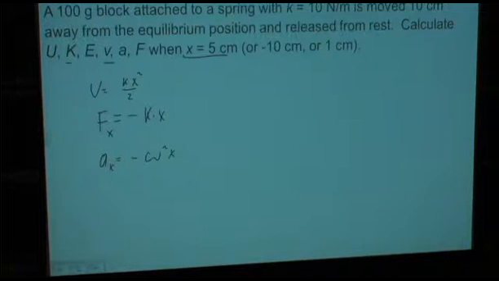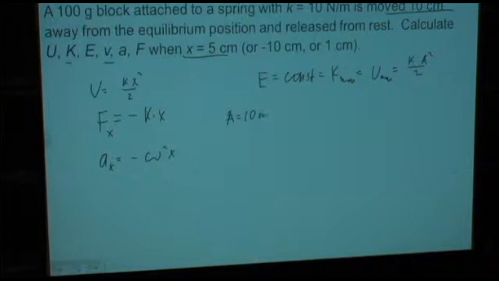Yes, we can. Because again, the total mechanical energy is constant. It has to be equal to K max or U max. But U max, as we know, should be equal to this. So if we moved an object 10 centimeters away from the equilibrium and we released it from rest, 10 centimeters is that maximum displacement, that amplitude.